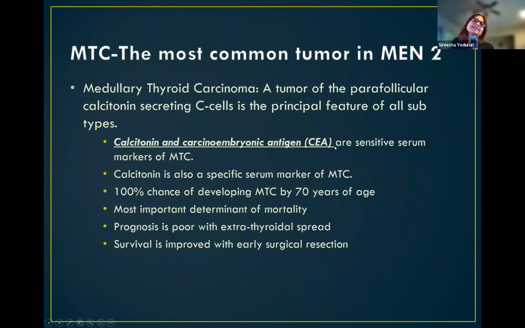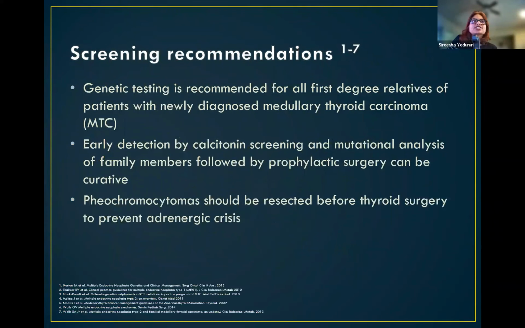Calcitonin and CEA are very sensitive markers. CEA can be seen with GI tumors, but calcitonin is a very specific marker for medullary thyroid carcinoma. This is the most important determinant of mortality. Prognosis is poor, particularly when there is extrathyroid disease, and survival is improved by early surgical resection.